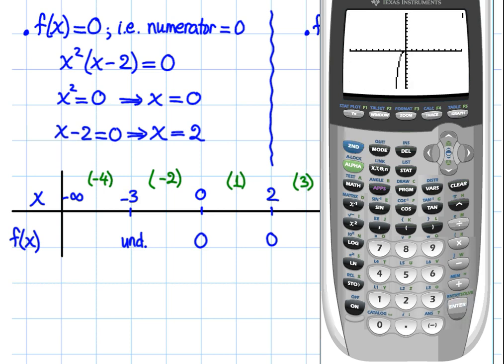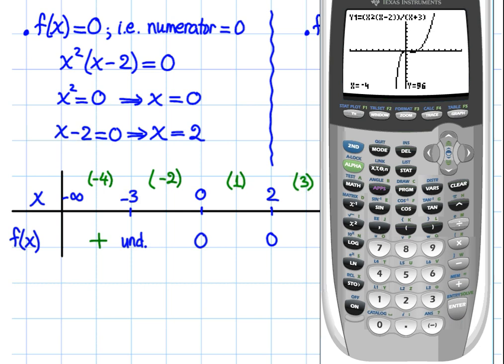It will grab the function. And now it asks what is x? If we enter -4 for x, notice -4, we have to use this negative sign and not that subtraction sign. So that's -4. We have 96. We only need to know if it is positive or negative. So it is positive.